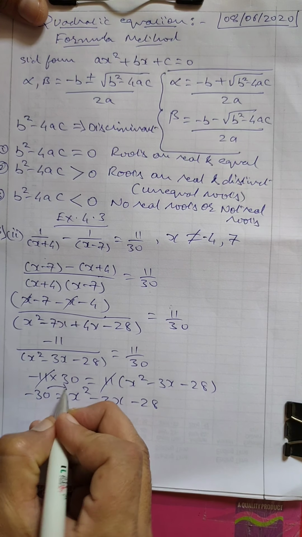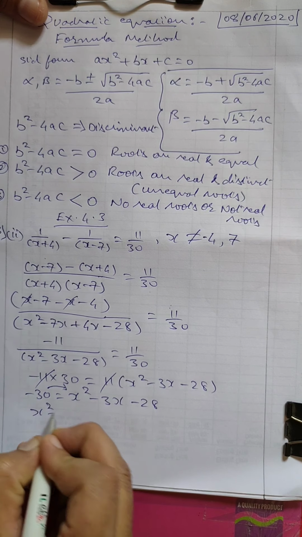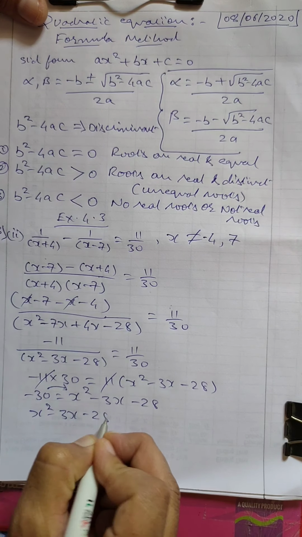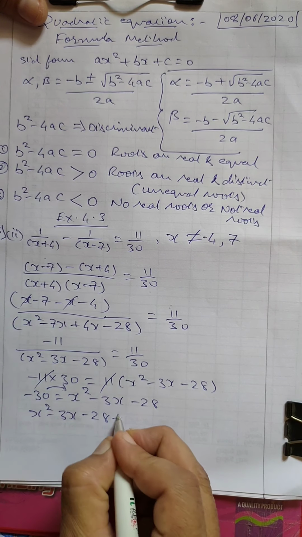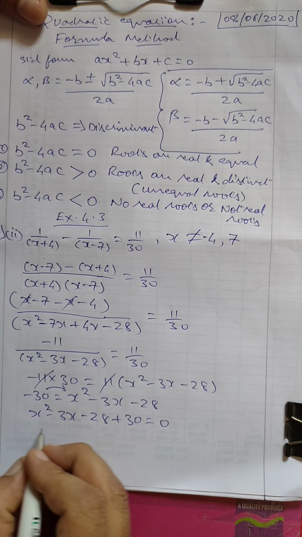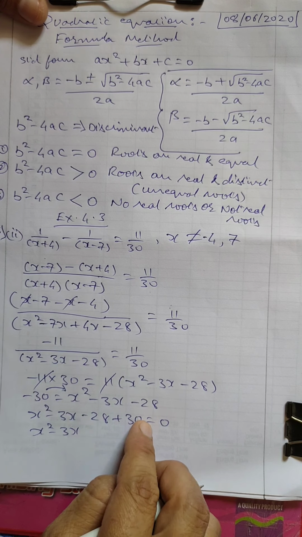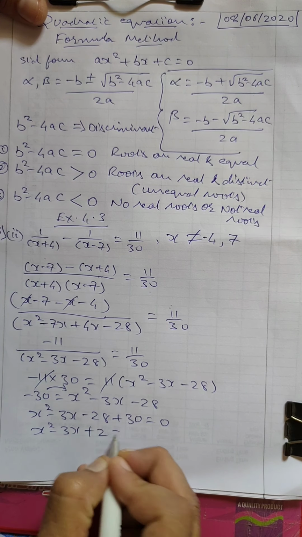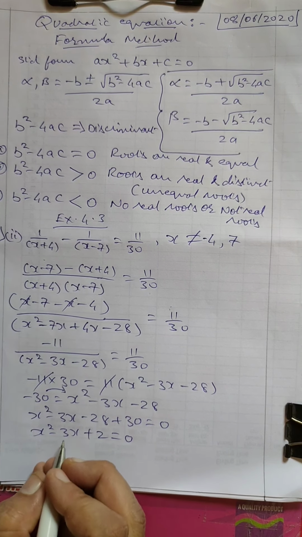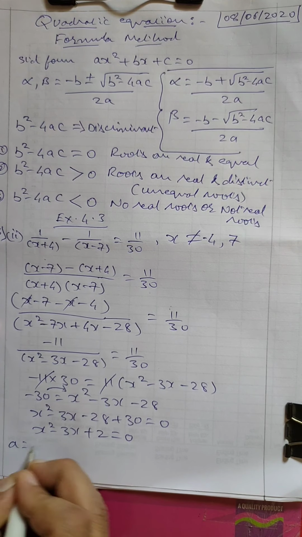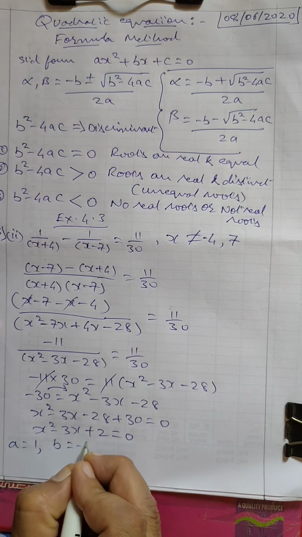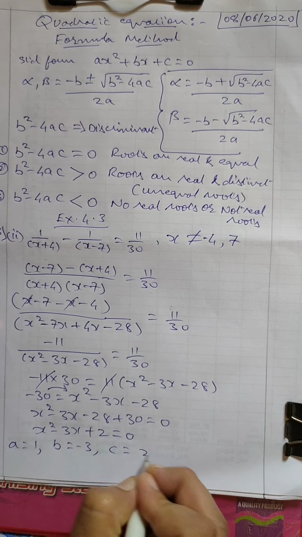This minus 30 we need to move here. x square minus 3x minus 28 minus 30 will become plus 30 is equal to 0. x square minus 3x minus 28 plus 30 is plus 2, is equal to 0. Now what is the value of a? a is equal to 1, b is equal to minus 3 and c is equal to 2.